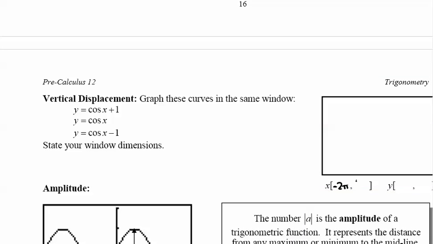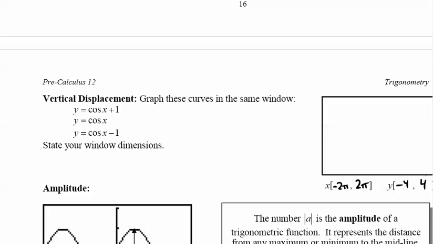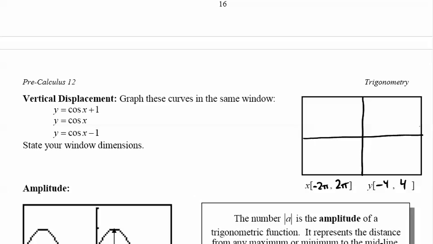So we're going from negative 2 pi to 2 pi. And the y value is from negative 4 to 4. So the basic cosine has this shape. If we move it up 1, it's just going to hit the graph on the x-axis.